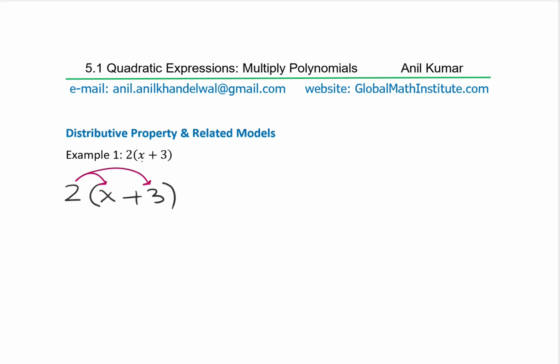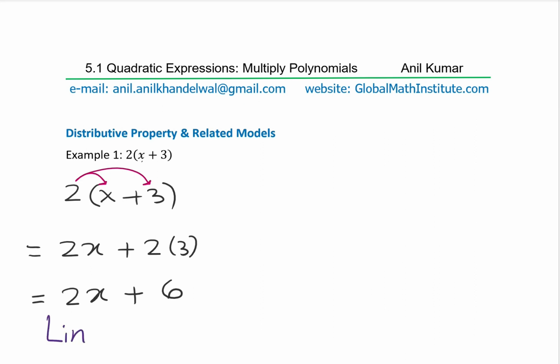So basically, the steps followed will be 2 times x plus 2 times 3, and the result is a polynomial, which is 2x plus 6. Now in this particular case, as you can see, this polynomial is linear. So when you multiply a constant by a linear term, you get a linear polynomial.